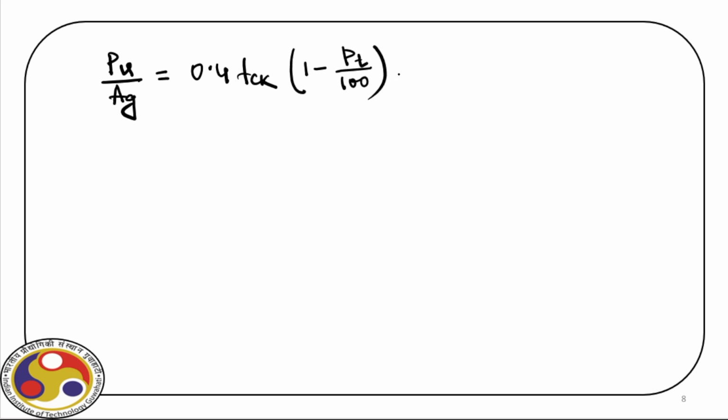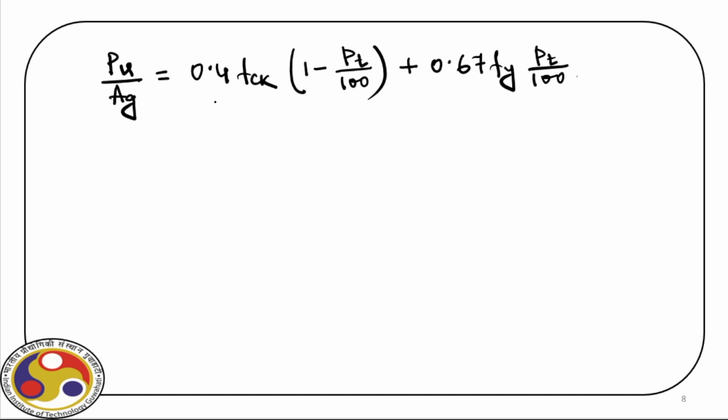So we can write Pu ultimate divided by Ag is equal to 0.4 fck times 1 minus Pt by 100 plus 0.67 fy times Pt by 100.